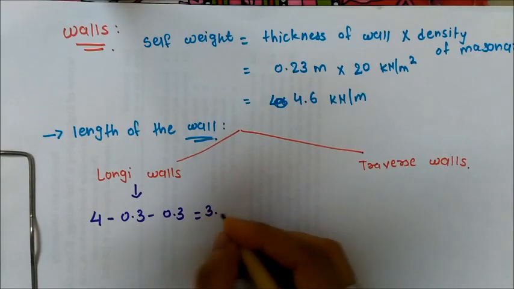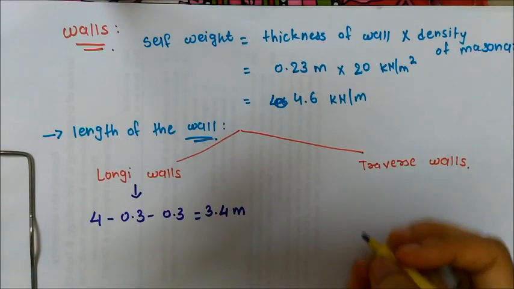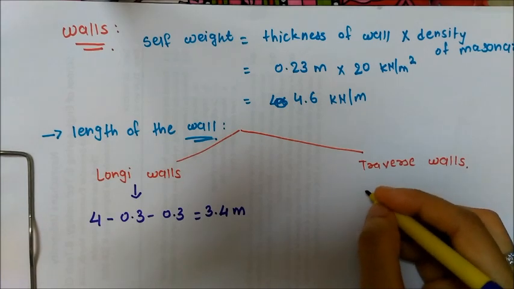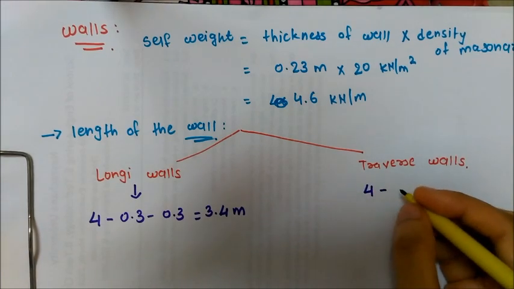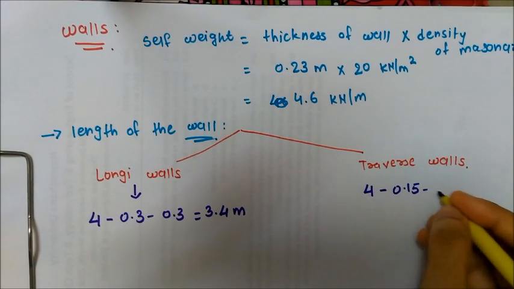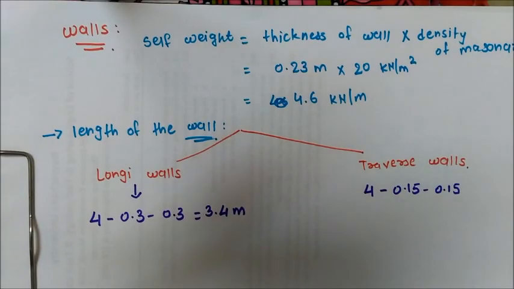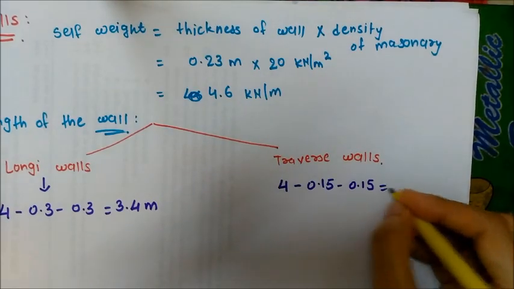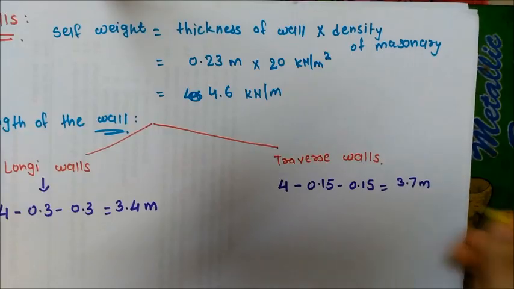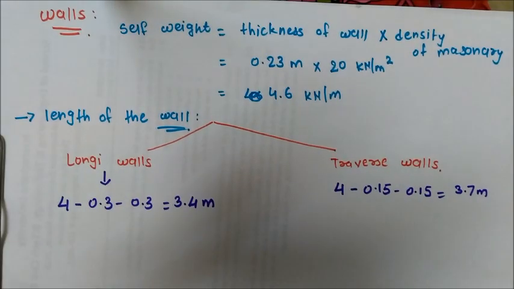So the wall length will be 3 meter. Same for the transverse wall, grid line distance is 4 meter, and you have to deduct the column width from each side, and it will be 3.7 meter. See, this fundamental is the same as beam calculation.